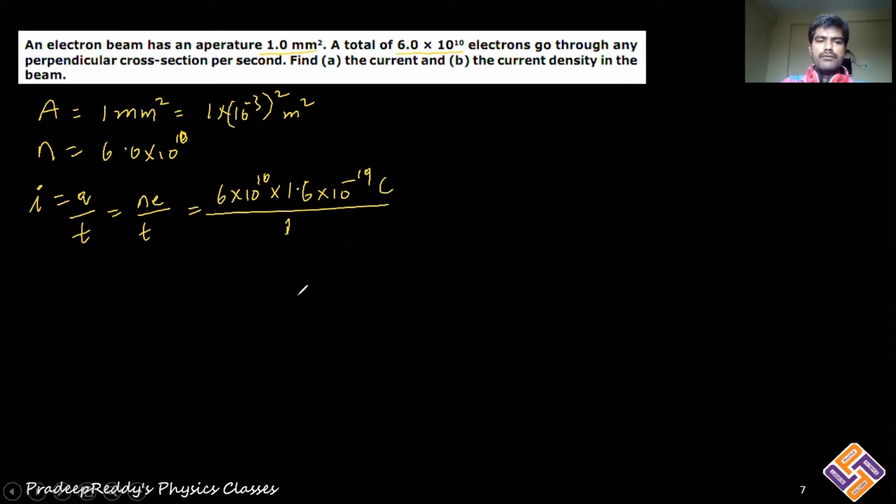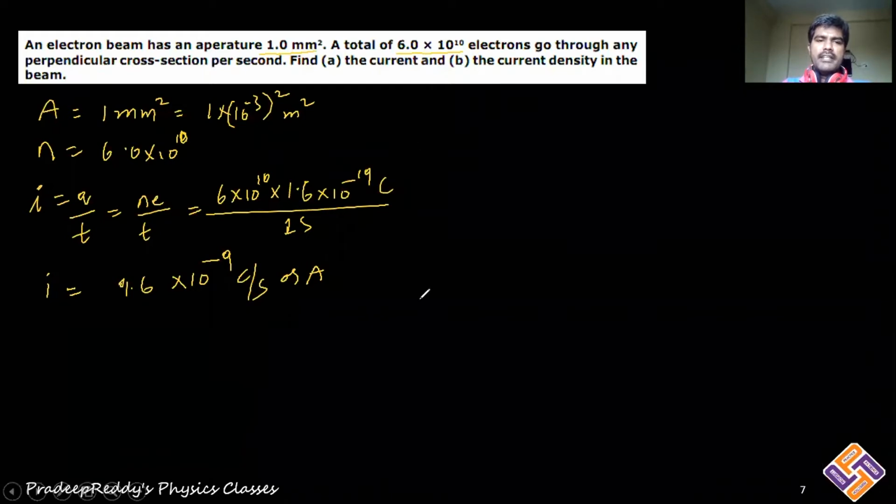It is given as 1 second. So I is equal to 9.6 into 10 power minus 9 coulomb per second, or you can write it as ampere. That is the current in the circuit.